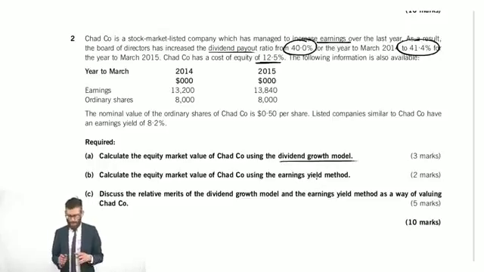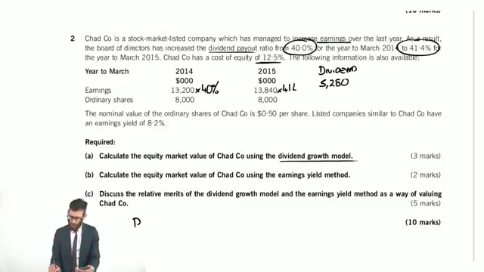There was some concern with this question, but what you had to appreciate is 40% of the earnings, so 13,200,000 times 0.4, meant that the dividend paid in 2014 was 5,280,000.